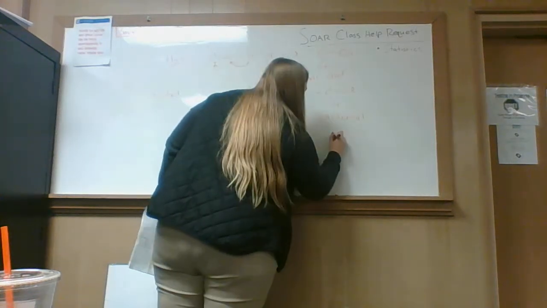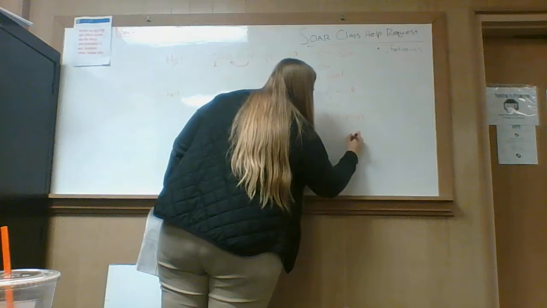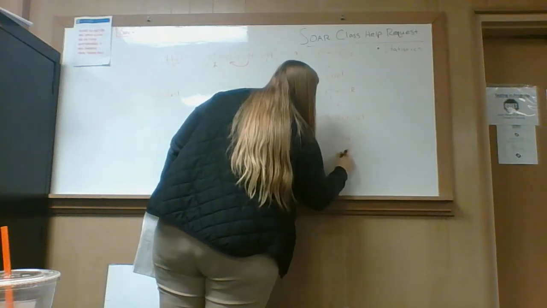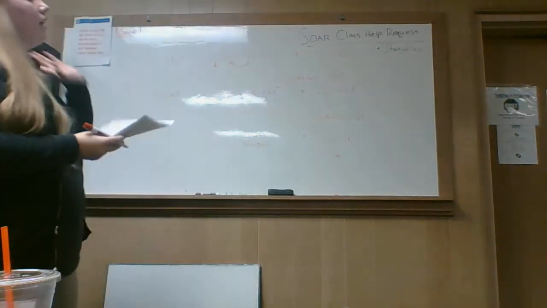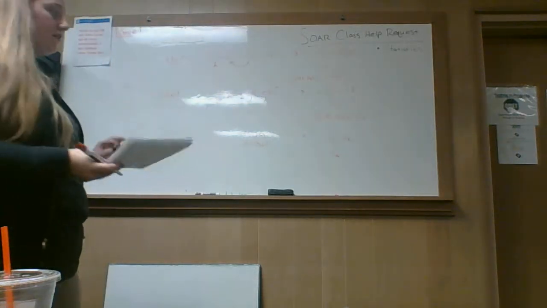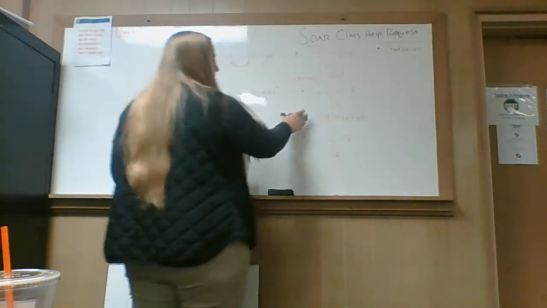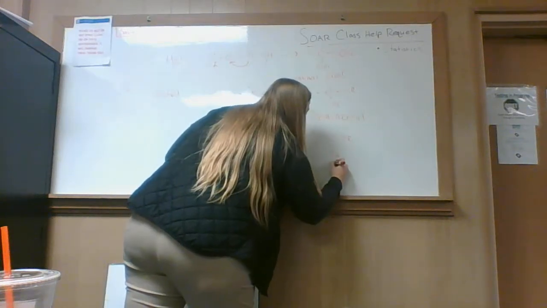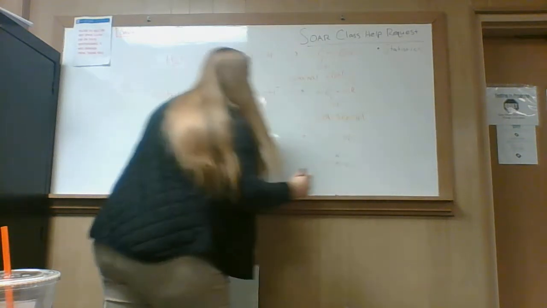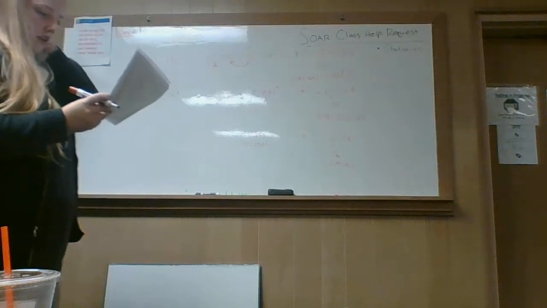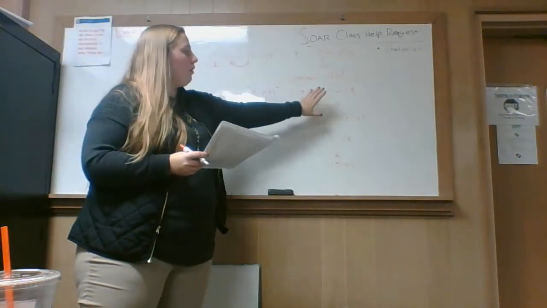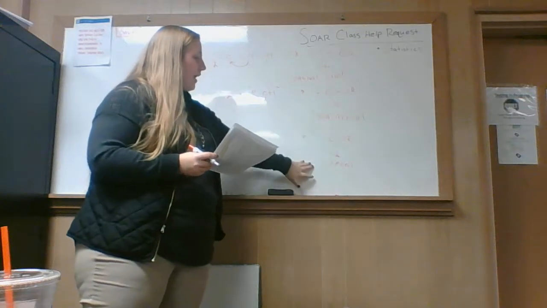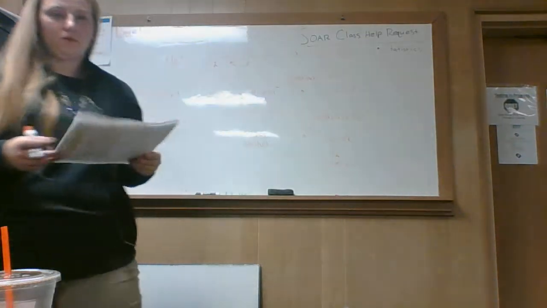So it's going to look like this. When you have two ether groups off of the same carbon, it's no longer a hemiacetal, it's an acetal. So hemiacetal: alcohol group, ether group. Acetal: two ether groups.